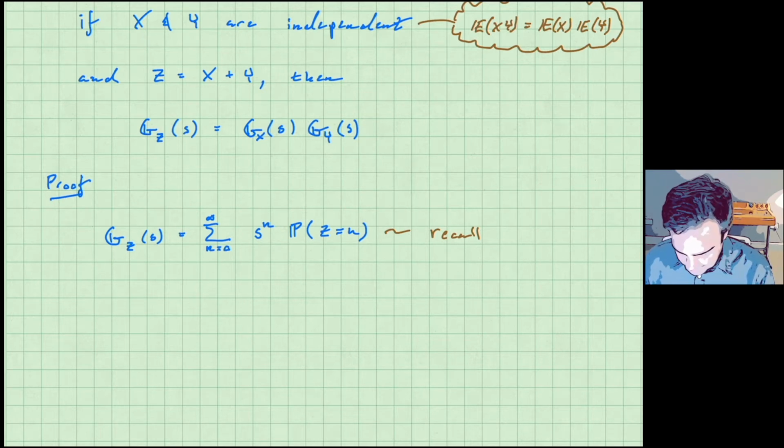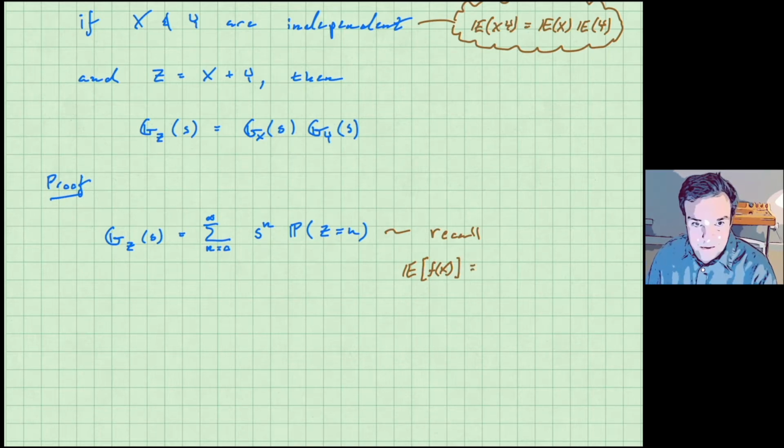The expected value, we saw this in the last lecture. The expected value of a function of a random variable looks a lot like what we see here. That is to say, it looks like a sum of things multiplying the probability mass function. And so we'll write that out.